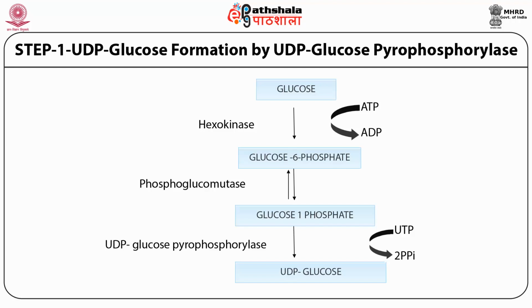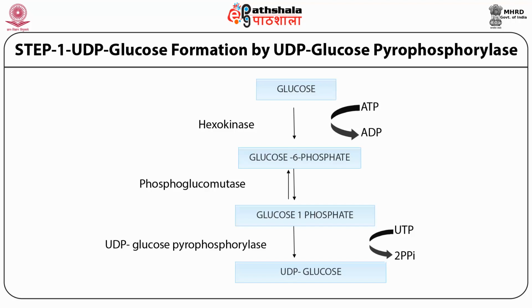Glucose 1-phosphate is then attached to UTP by the action of UDP glucose pyrophosphorylase, forming UDP glucose and pyrophosphate. The carbon 1 of the glucosyl unit is esterified to the diphosphate moiety of UDP.